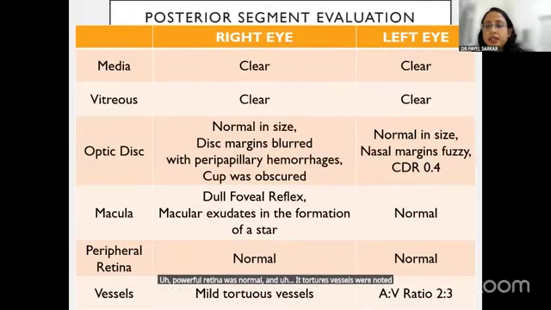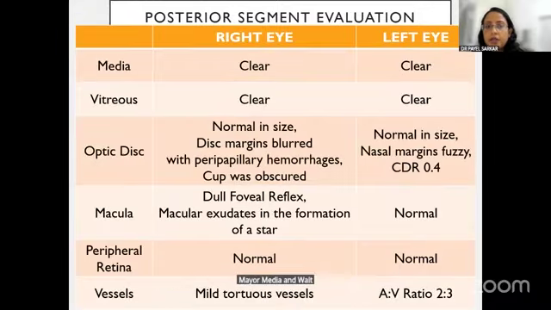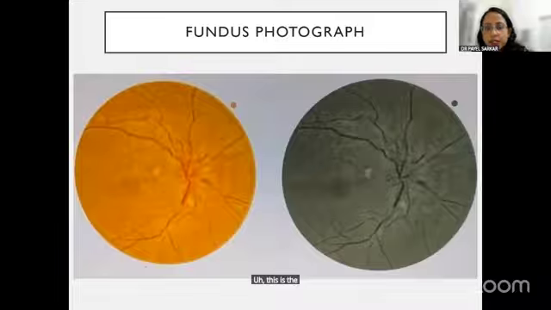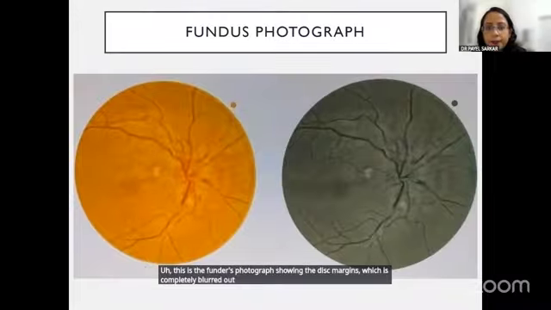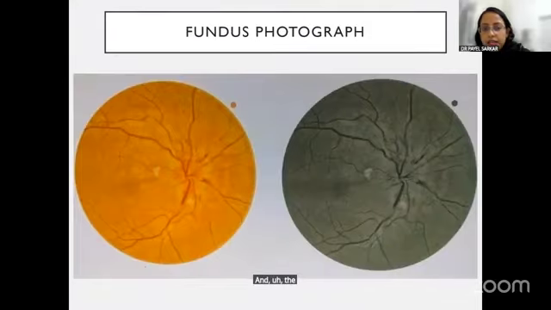In the left eye, media and vitreous were clear, optic disc was normal in size, nasal margin was fuzzy, CDR was 0.4, macula was normal, peripheral retina and vessels were also normal. This is the fundus photograph showing the disc margins completely blurred out in the right eye, and the exudates seen in the macular area in the form of a star.